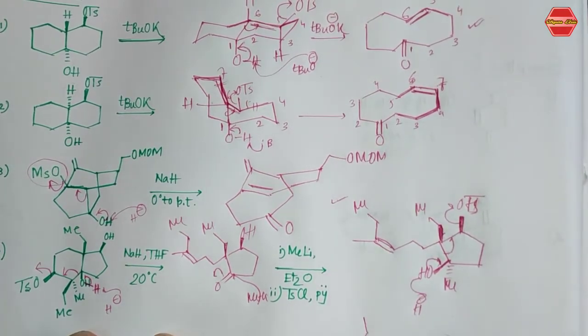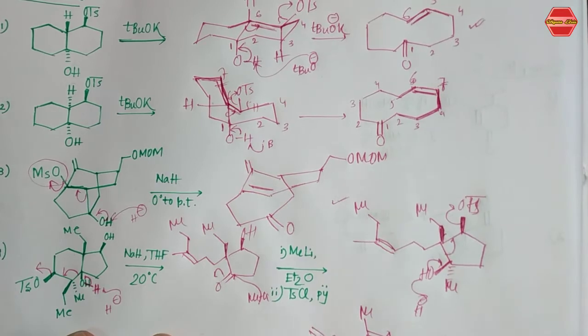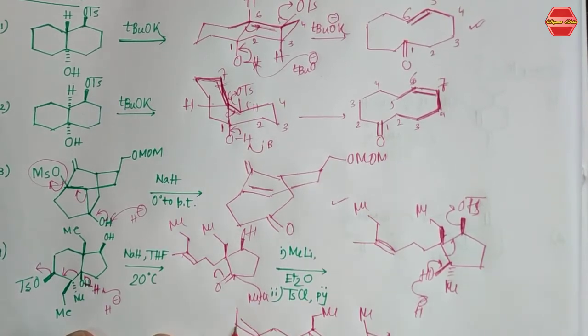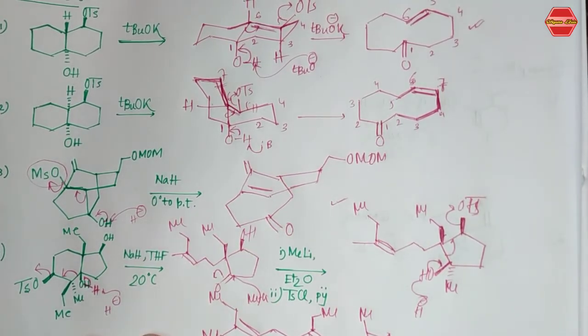So finally we are getting a big compound, a large ring type of compound, that is this one. Methyl, this one, right? So this is all about the product from this section.